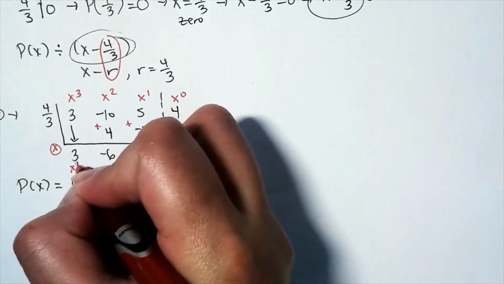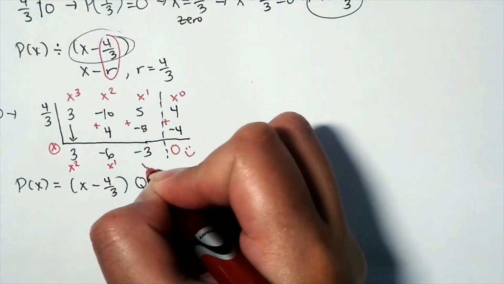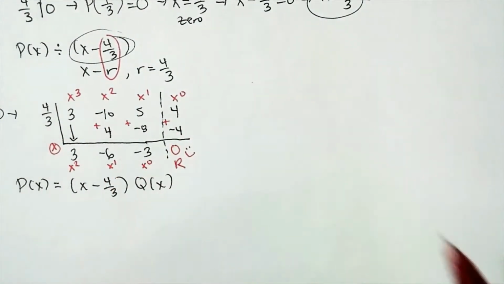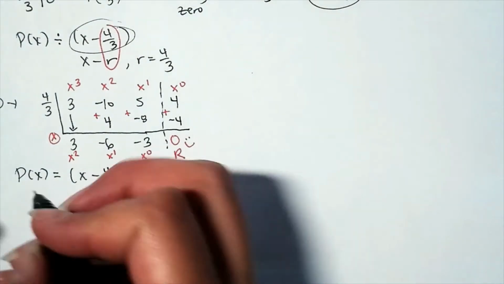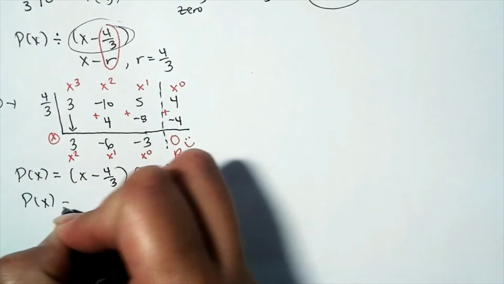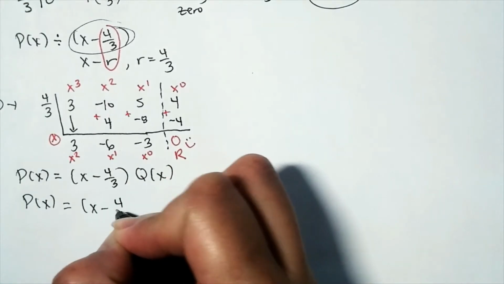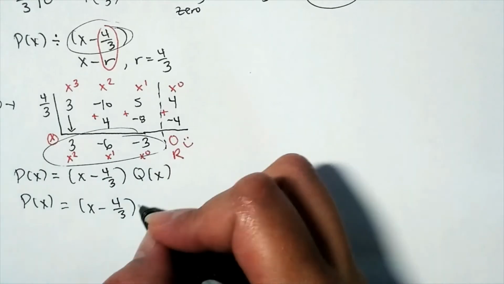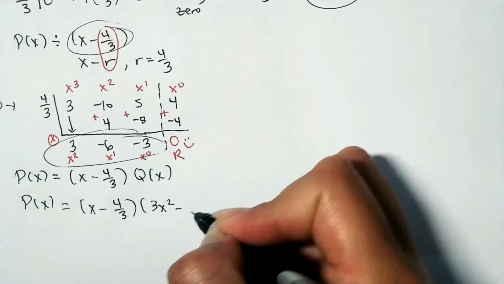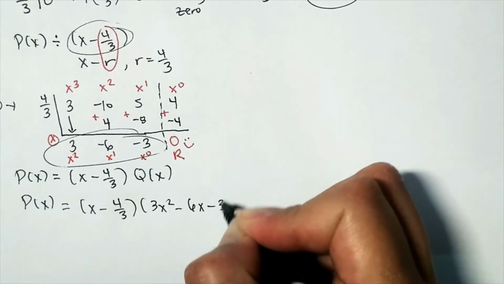So that should be x to the second, x to the first, constant, and again, I'm happy that the remainder is 0. So let's write the polynomial in partially factored form. We have x minus 4/3 times the quotient, which is given by 3x squared minus 6x minus 3.